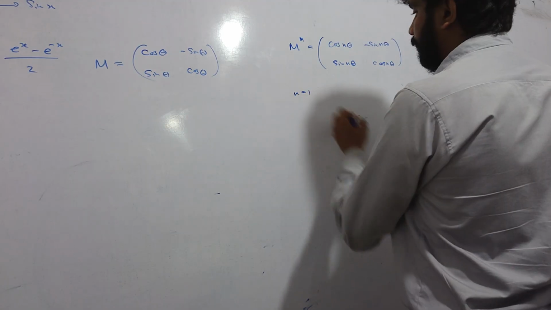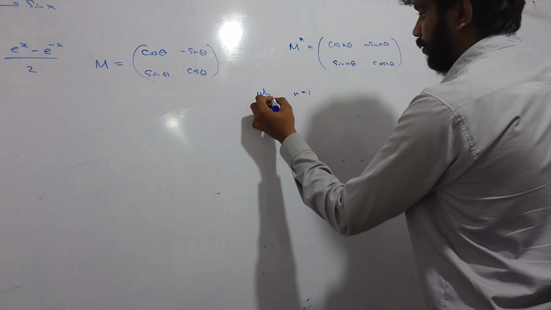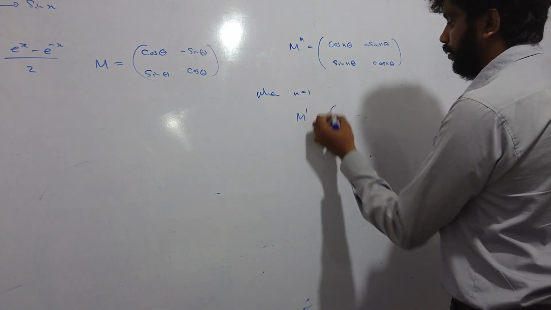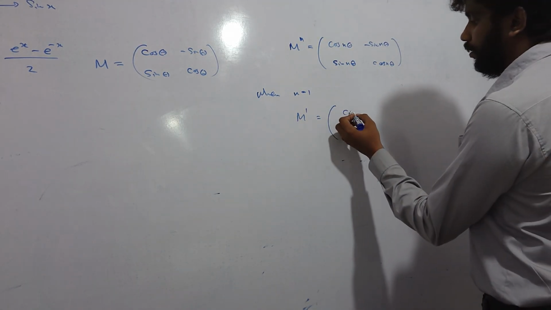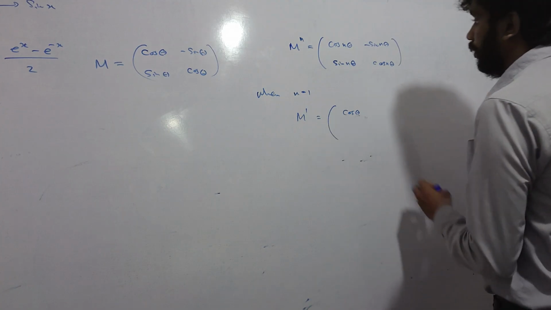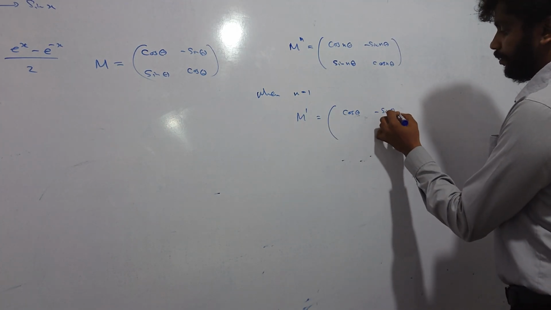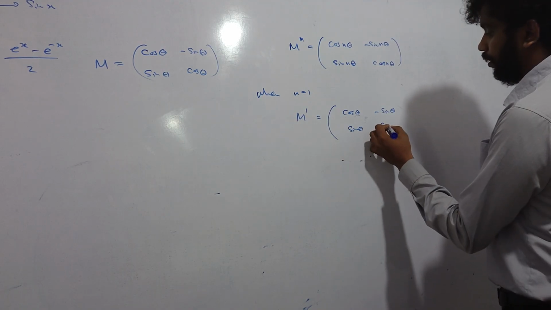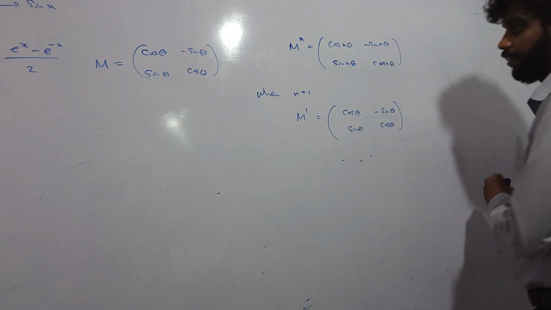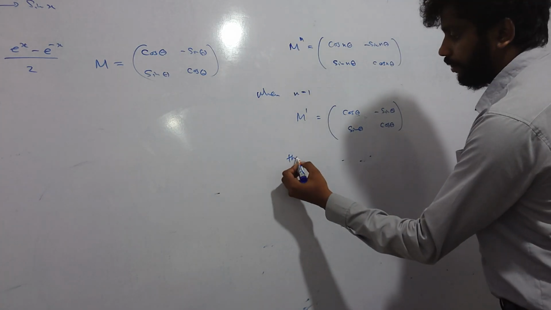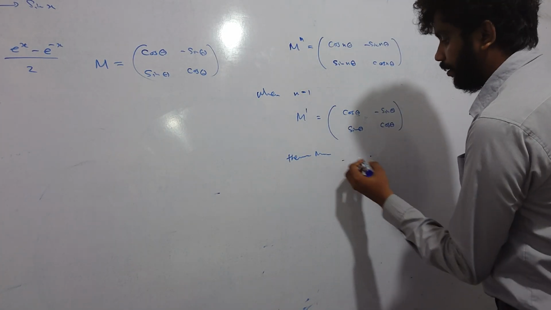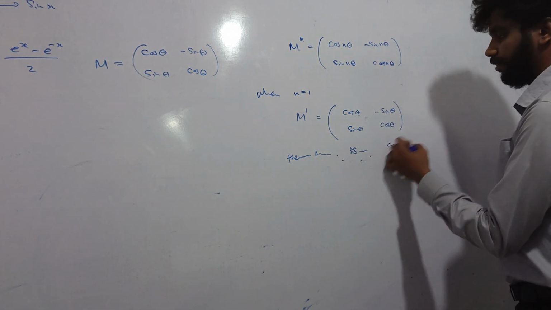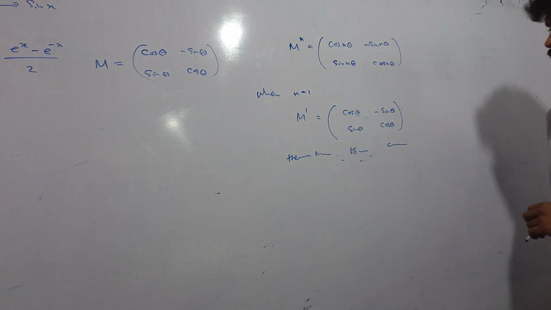When n equals 1, M to the power 1 is cosine theta, negative sine theta, sine theta, cosine theta. The rotation matrix is correct, and the expression is correct, right?